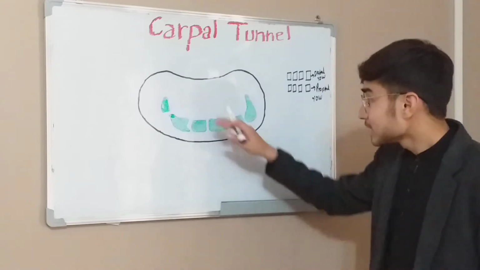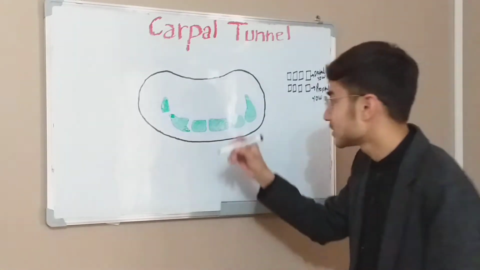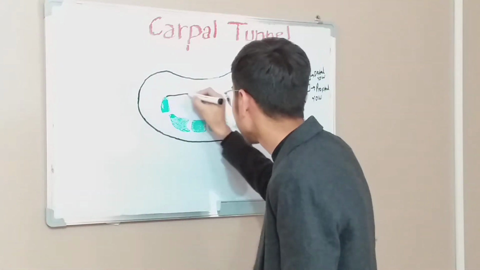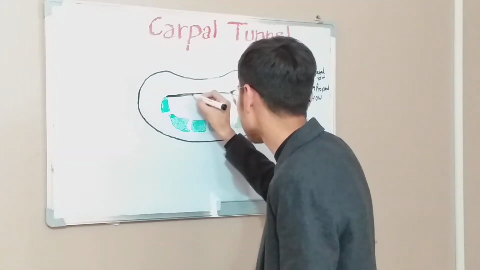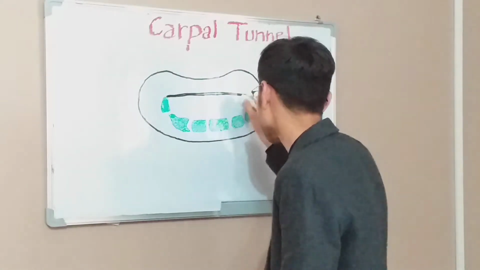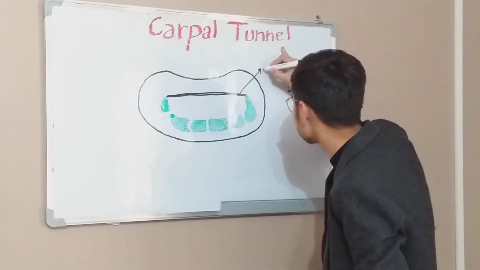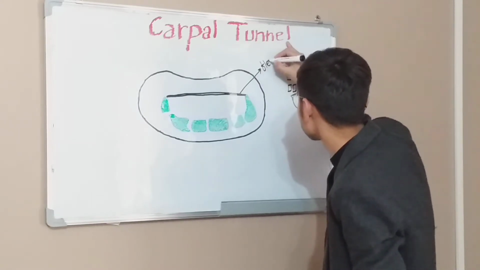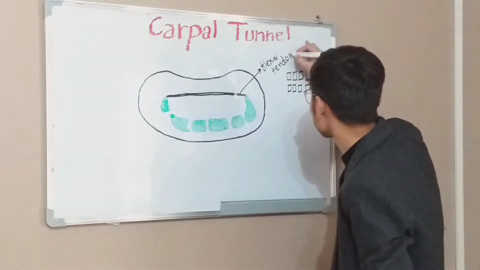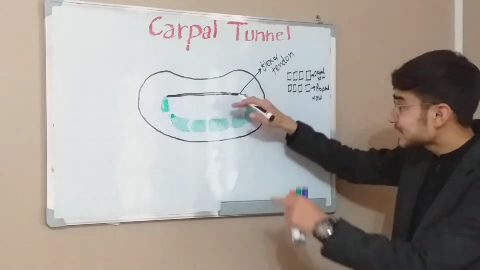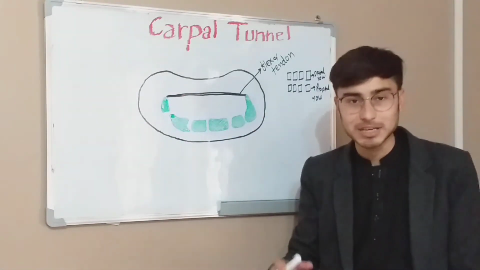Now, the edges of the carpal arch are connected by a structure, right? And this very structure is called the flexor tendon, right? So this black structure is what we have, the flexor tendon. And the flexor tendon is actually converting the carpal arch into the carpal tunnel, right?